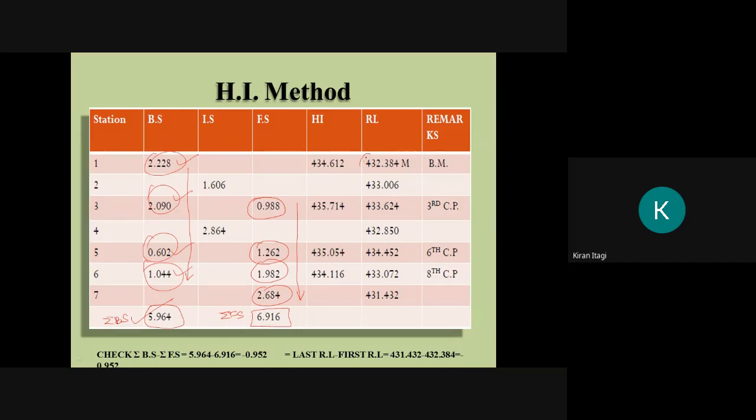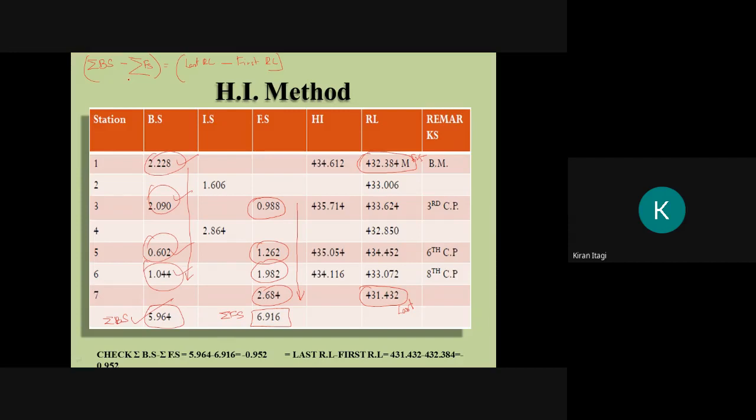Now, what you should do is deduct the first RL from the last RL. This is the last RL and this is the first RL. So the formula is: summation of BS minus summation of FS equals last RL minus first RL.